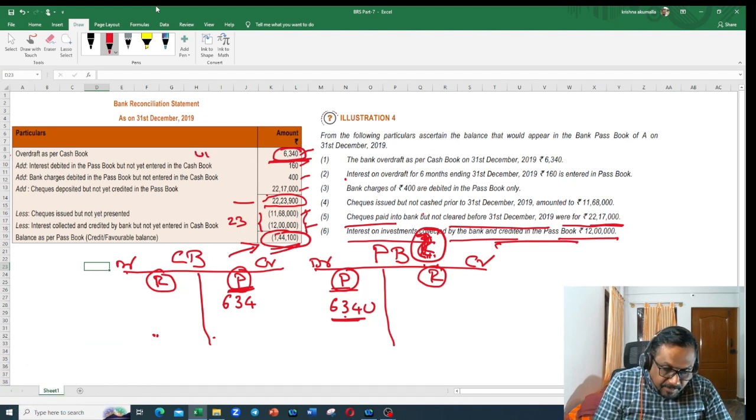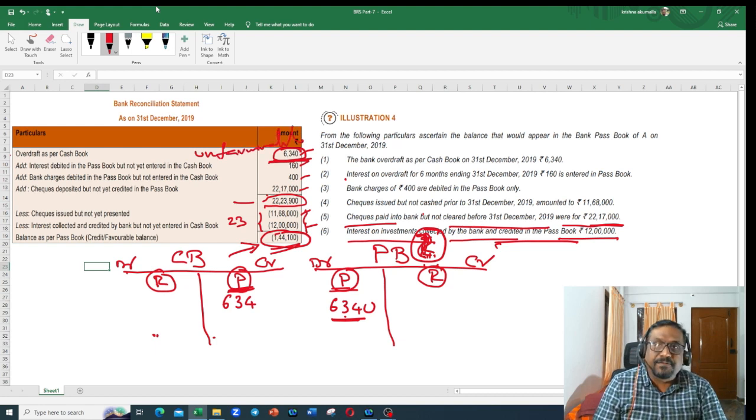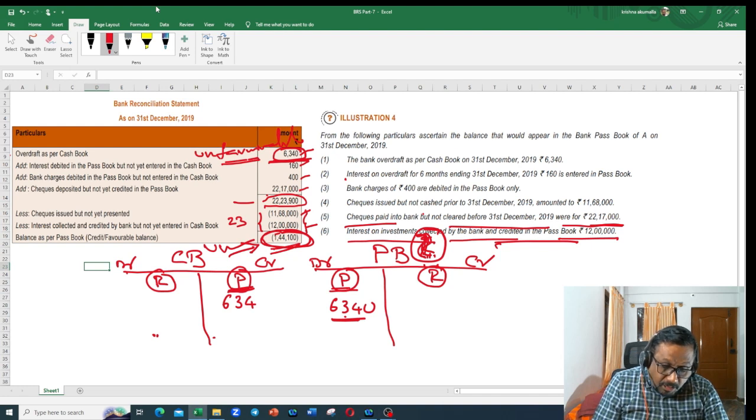This is unfavorable balance. If this is a positive balance, then this also will be considered unfavorable. But here, I got the negative balance.